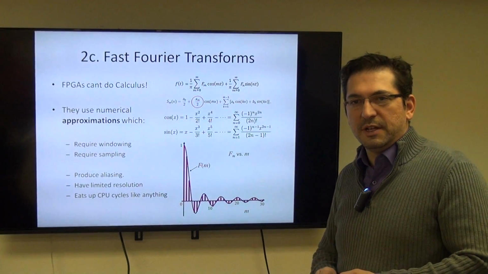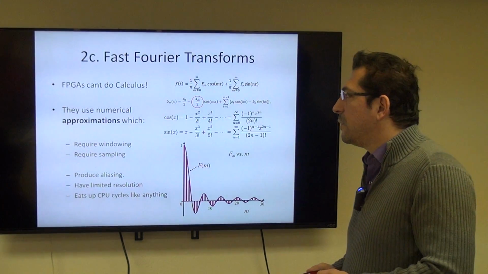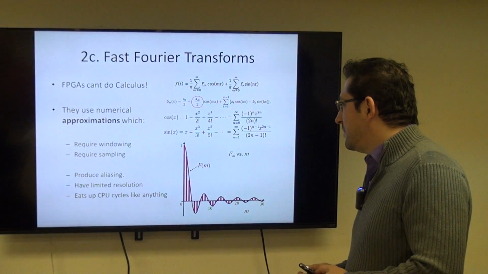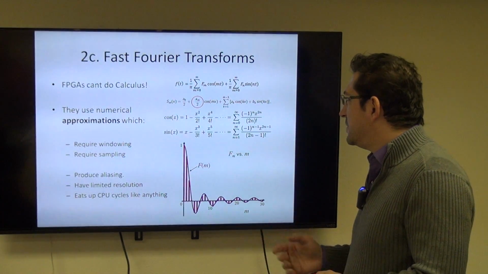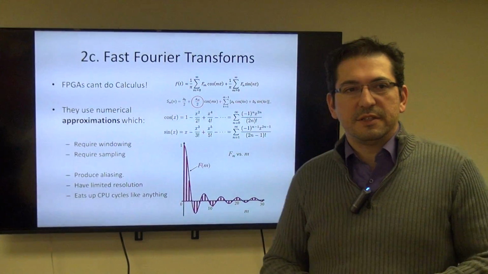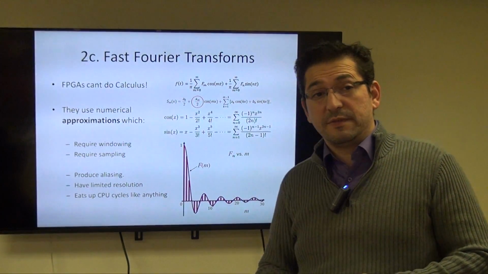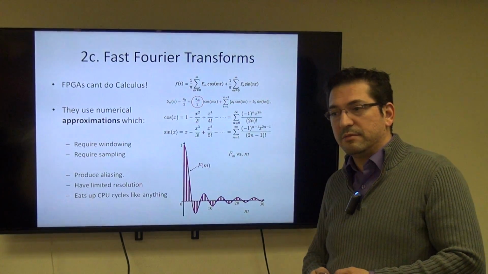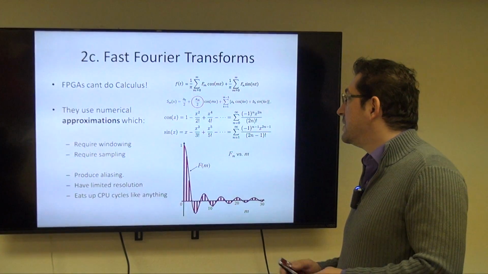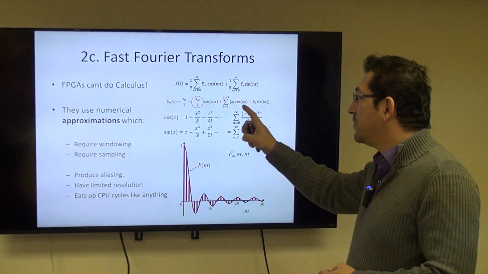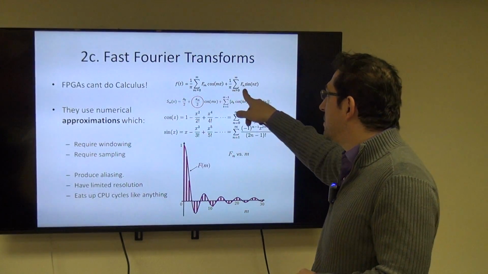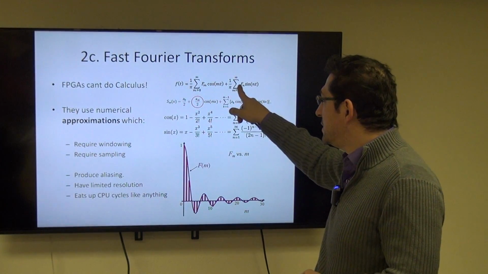It's not something that is easy to do on electronics, like I mentioned. So in order to do this, we usually use an FPGA or some kind of digital signal processor. And since digital signal processors are digital devices, they can't do calculus. So what we decide to do is perform some kind of numerical approximation. Instead of an integral, we use a series.